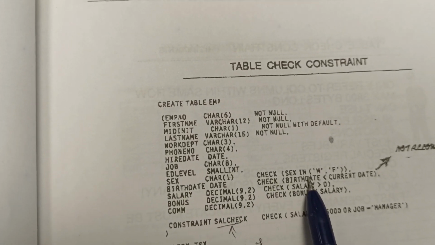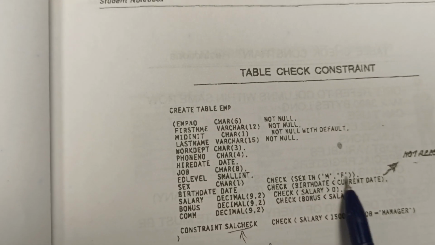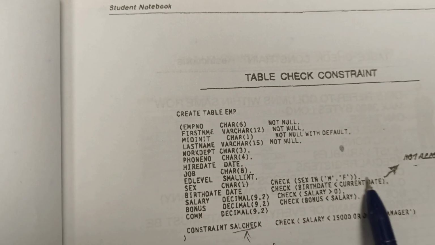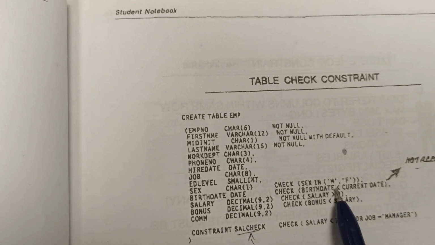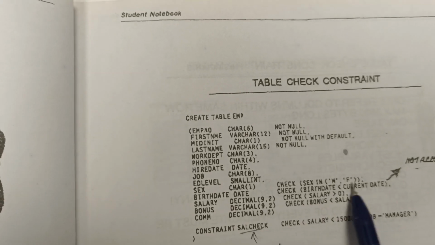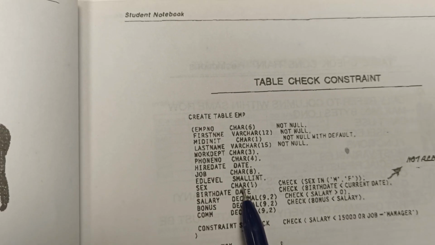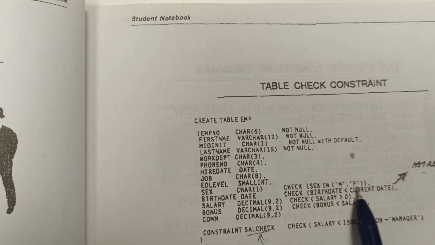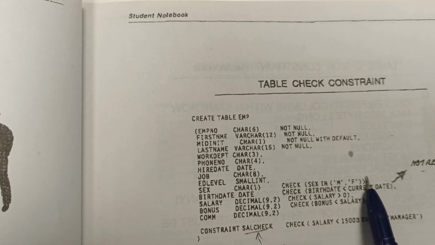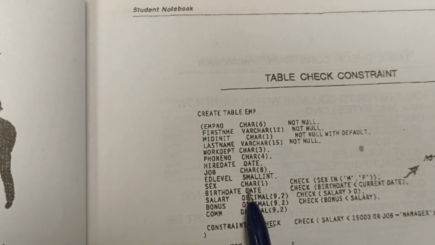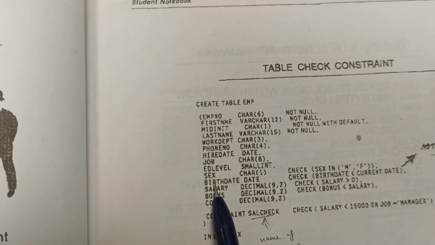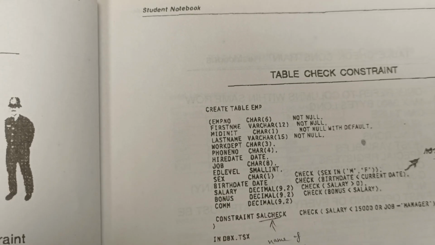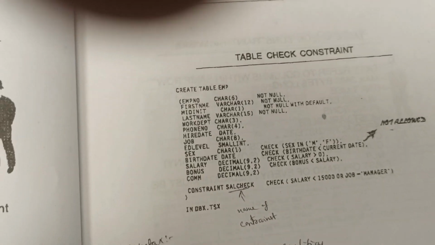Check means sex in male or female. I can put this condition as a validation of the field. Only if you enter male or female can the column accept the value. If you enter other values like m or f or a b c d, the table will not allow these values to be entered, because I have given the check constraint option here.